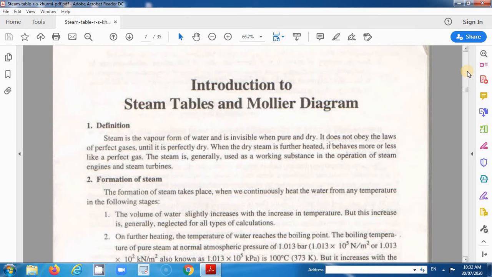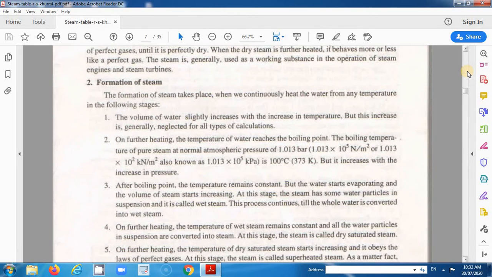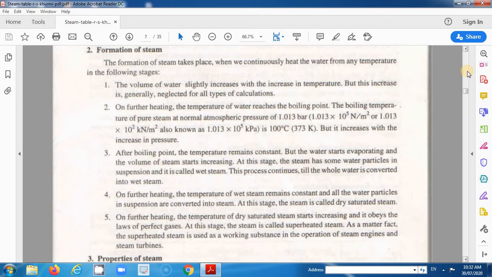This I already told you, and the same is written here. The procedure for formation of steam I already explained with the help of diagrams during the last lecture, so once again you can repeat this. The formation of steam takes place when we continuously heat the water from any temperature in the following stages.